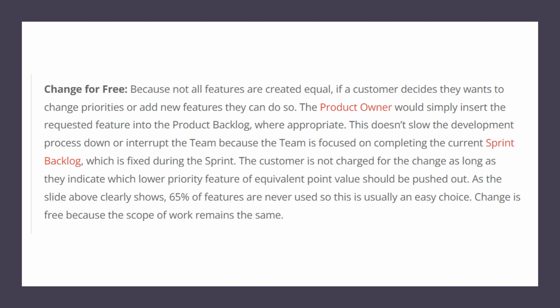What is change for free? Because not all features are created equal. If a customer decides they want to change priorities or add new features, they can do so. The product owner would simply insert the required feature into the product backlog where appropriate. This doesn't slow the development process down or interrupt the team, because the team is focused on completing the current sprint backlog, which is fixed during the sprint.